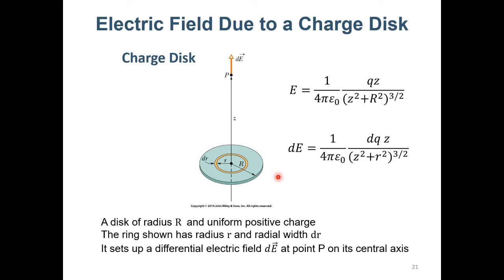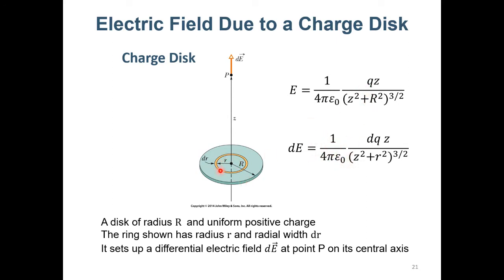But actually, we start from this one. From the previous case, we have the equation like this. So here, we consider the dE generated by this ring will be something like this. 1/4 pi epsilon naught is the same.